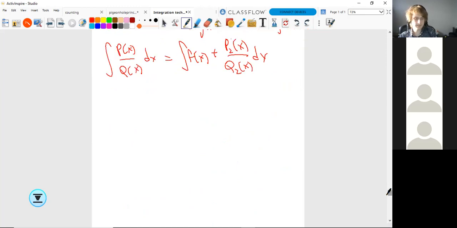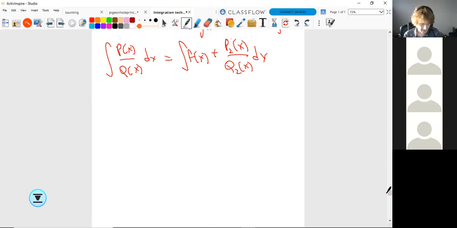Okay, so let's pull a random example from this book because he probably has better examples than I do, but they're all solved the exact same way once you can factor the denominator, and assuming that you don't want to do a u-substitution.